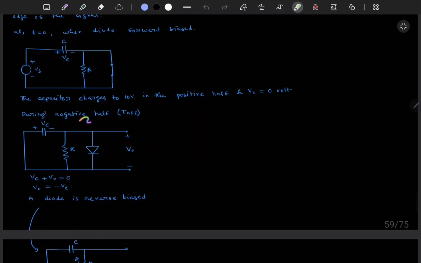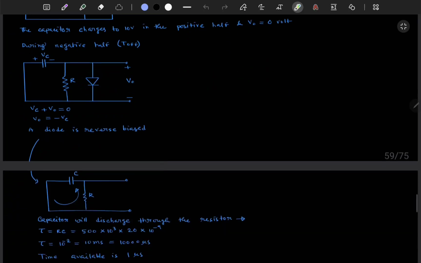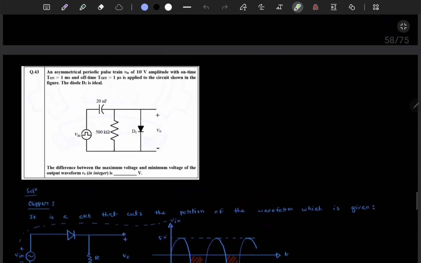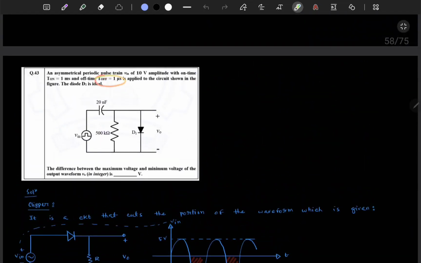And during the negative half cycle, what will happen? The diode will be open circuited, reverse biased. Negative cycle means, as mentioned in the question, T off, that means no signal applied.